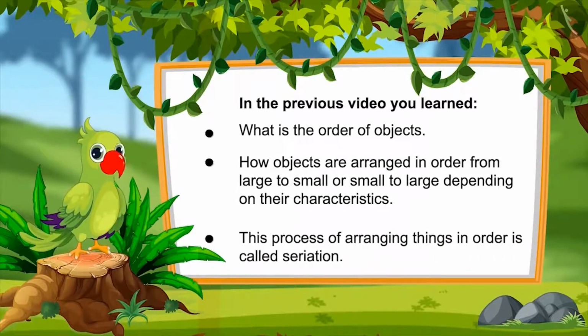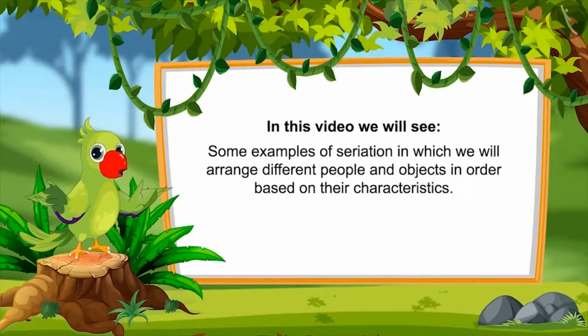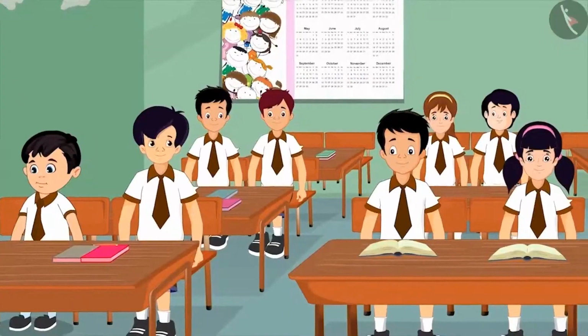And this process of arranging things in order is called seriation. In this video, we will see some examples of seriation in which we will arrange different people and objects in order based on their characteristics.